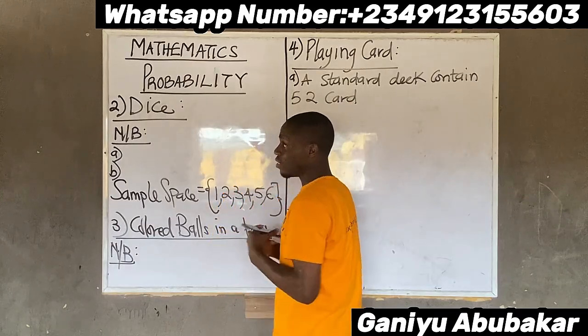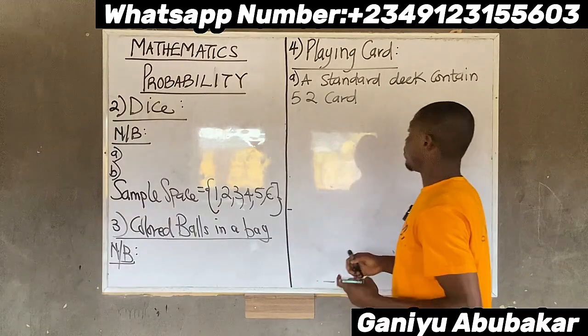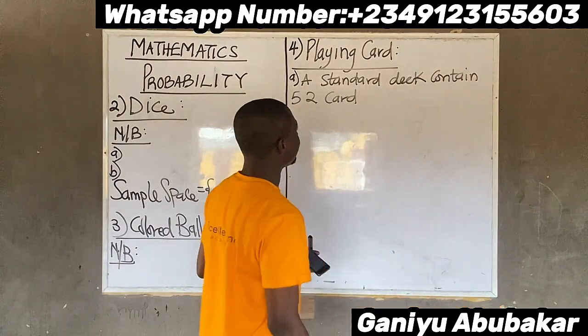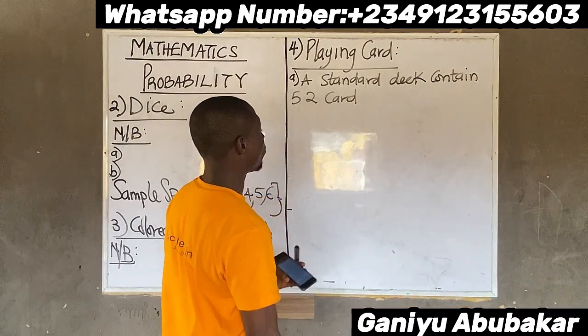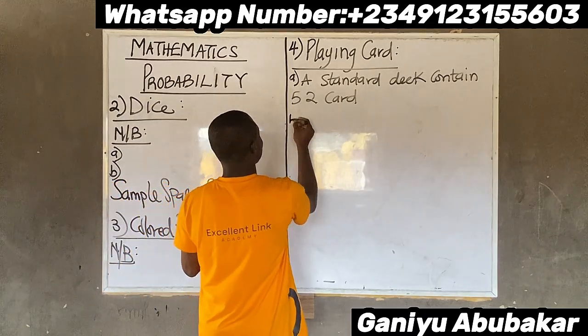So the total in the carton is 52. That is the number 1 thing to note.